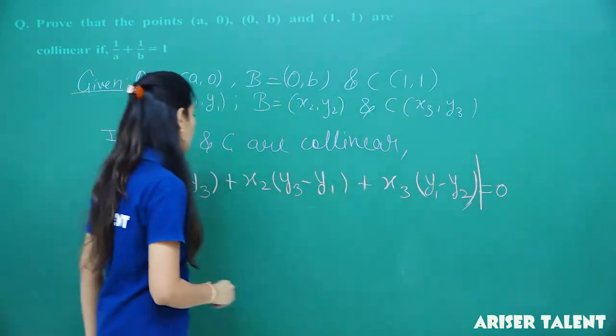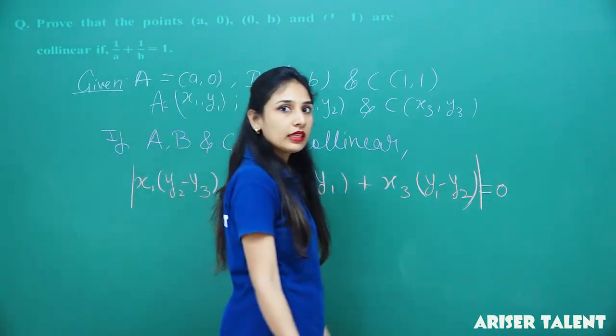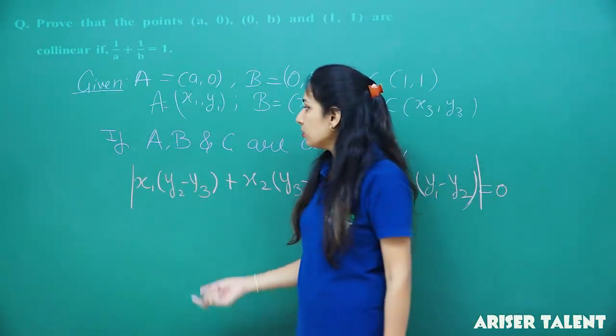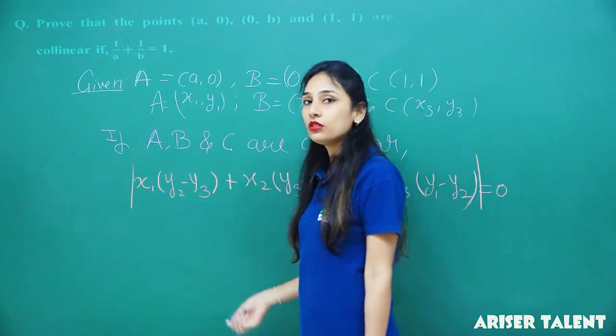This modulus will be equal to 0, or simply it is equal to 0, because there is nothing like minus 0. So it should be 0 for that. So we can just put the values here.